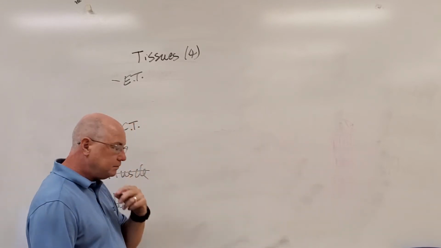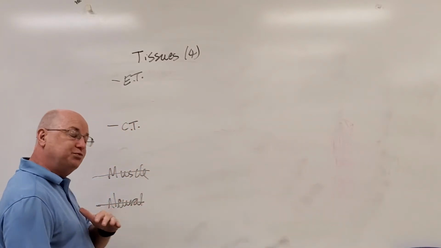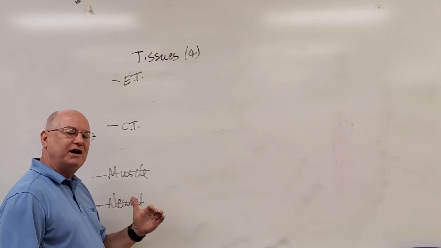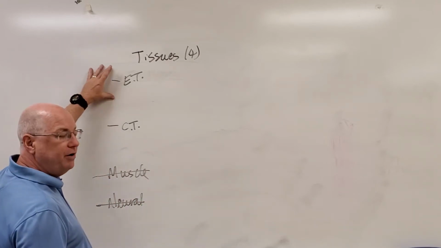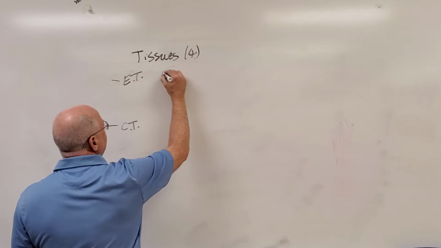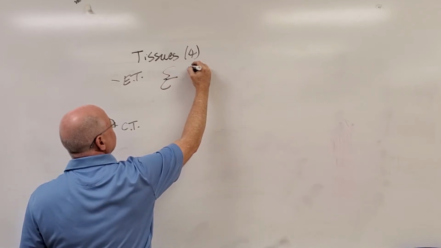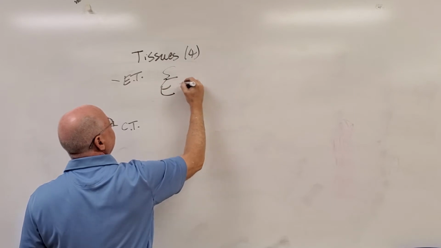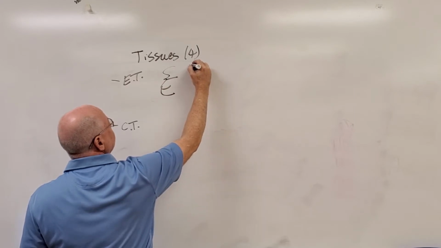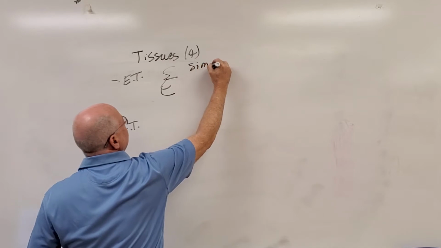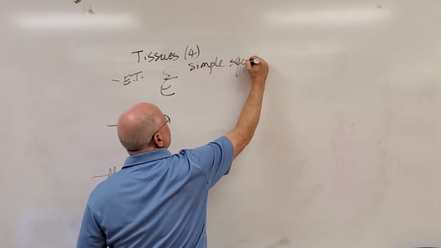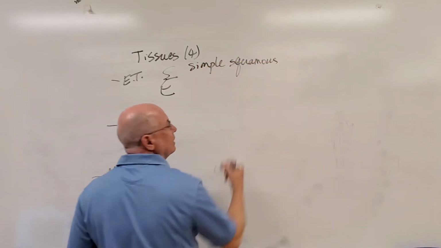So now, this is one of the last videos that we're going to do for the laboratory. We've gone over epithelial tissues, and for lab, there were four types that we covered. We covered simple squamous, and you should be able to draw a picture of what that looks like.